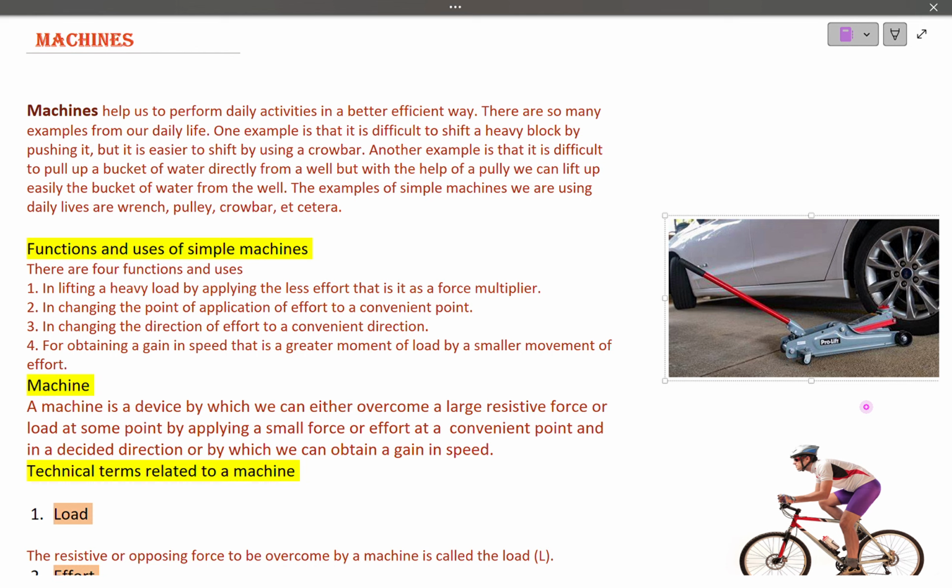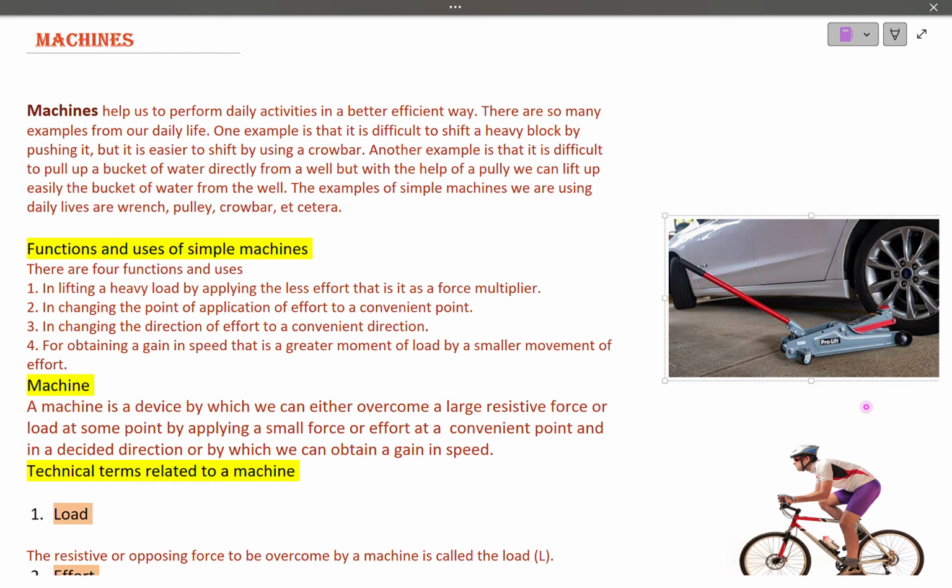That is one example. Another example, a spade used to turn the soil, and other examples are pulleys used to lift a heavy load. In all these examples, the effort is much less than the load.